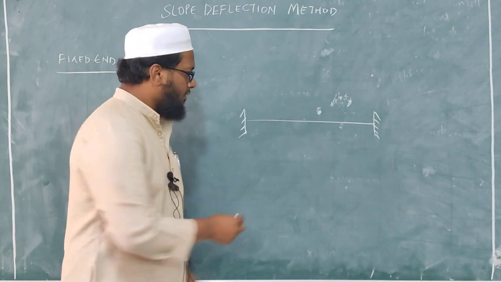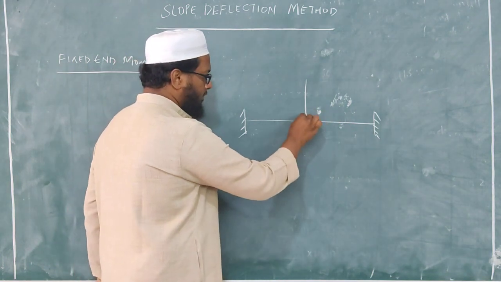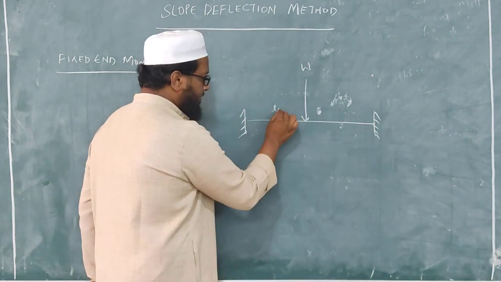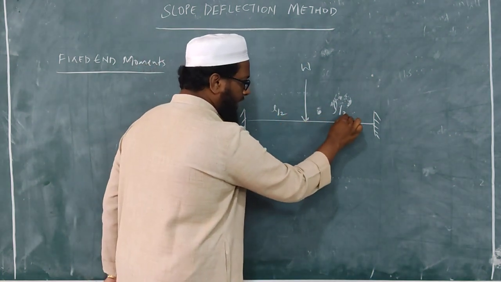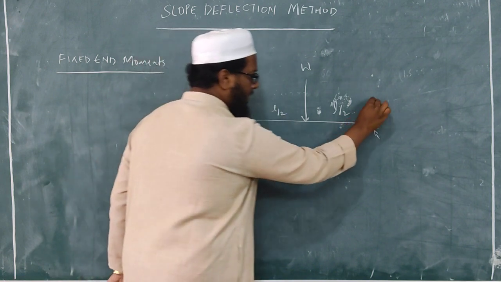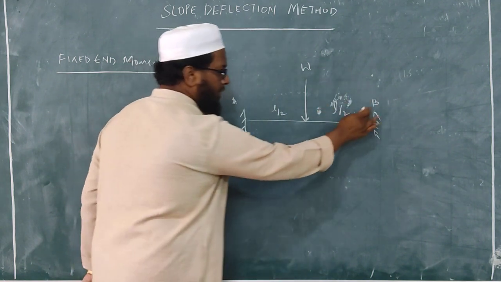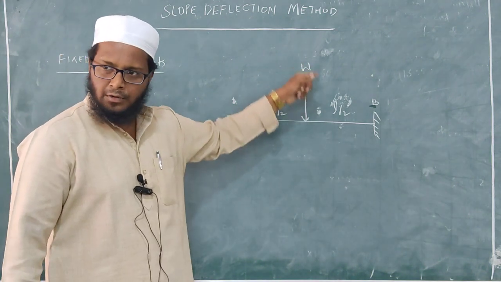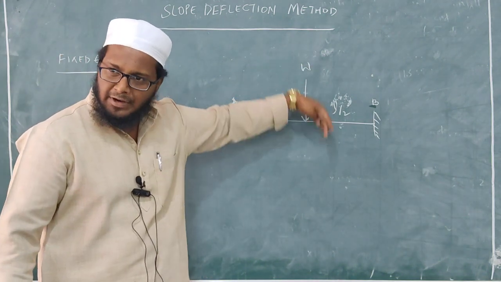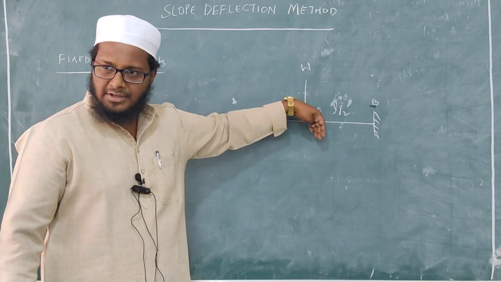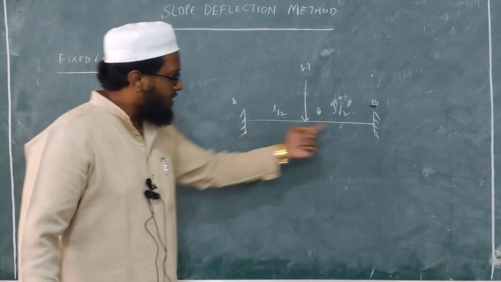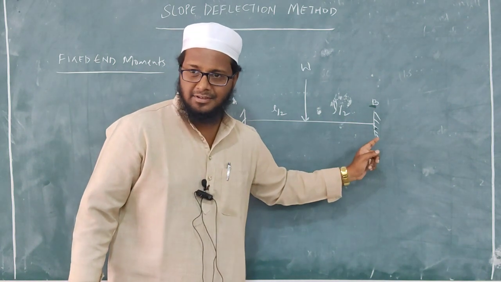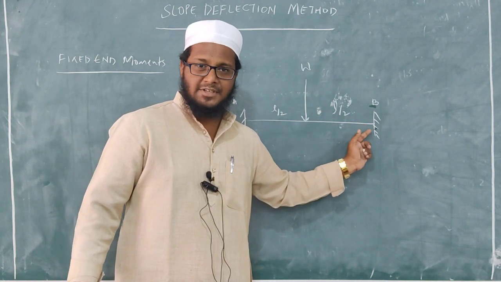When we apply a point load W at a distance of L by 2 and L by 2, suppose this is A and this is B, because of this central point load my beam will try to deflect in the downward direction. At the same time, these two supports will create moment. That moment is said to be your fixed end moment.